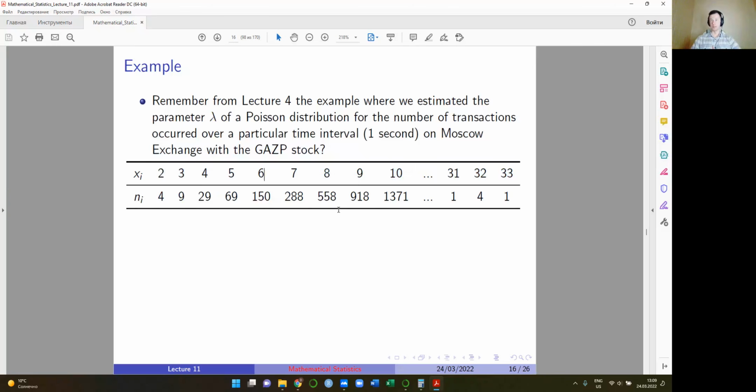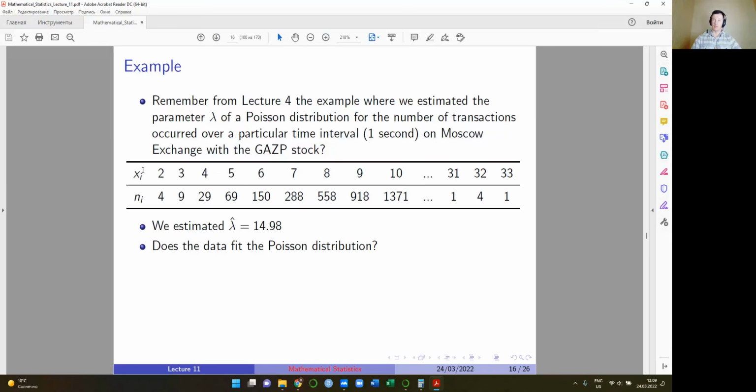So we have something similar to the previous table, the table about the number of reports published. We have counts here and we have categories here. Those are just different categories. We estimated lambda that time; lambda hat was 14.98.